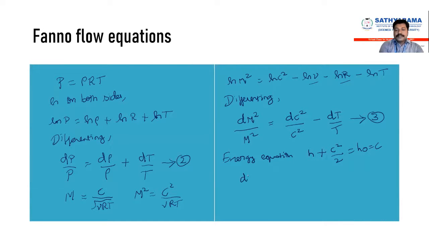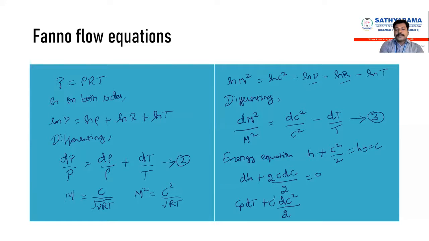On differentiating this, what we get? dh plus 2C dC divided by 2 is equal to 0. So this 2 and 2 get cancelled. Anyway, you have to rearrange this equation in terms of C square. This dh is nothing but Cp into dT, as everybody knows. Then 2C dC is nothing but dC square, so dC square divided by 2.